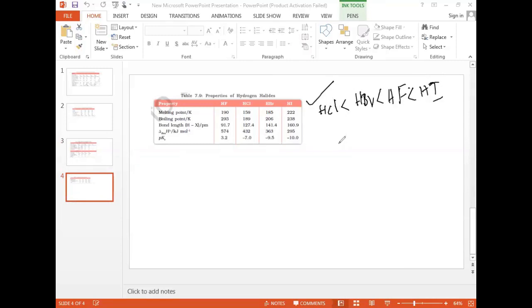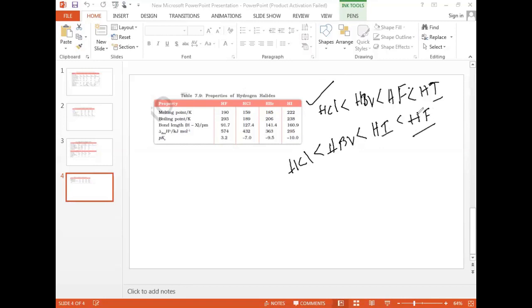Boiling point, straight away I can take HBr, HI, then HCl, finally HF we can say.